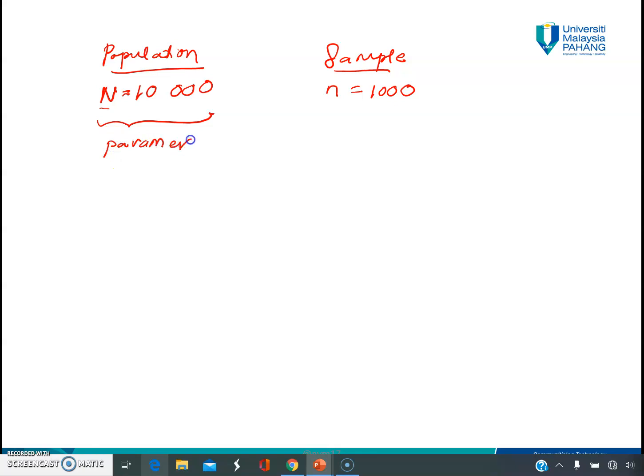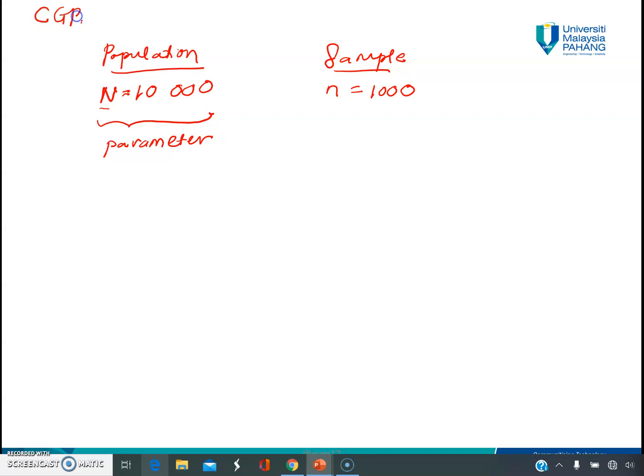A parameter is a value which is calculated from the population. Just now I gave the example of CGPA.